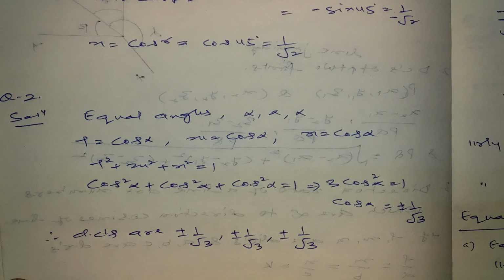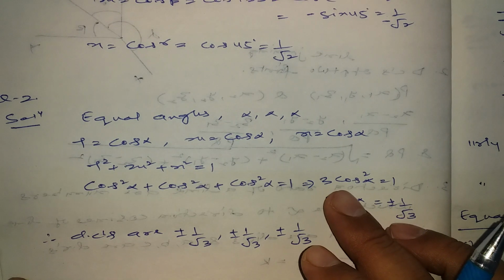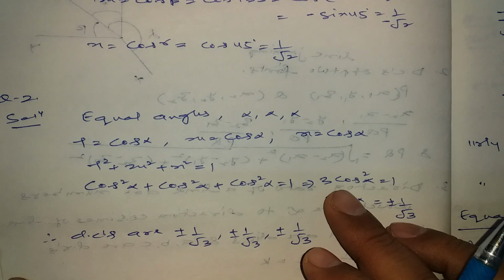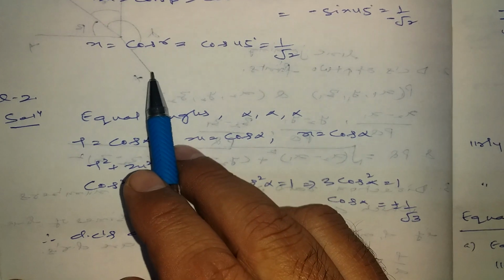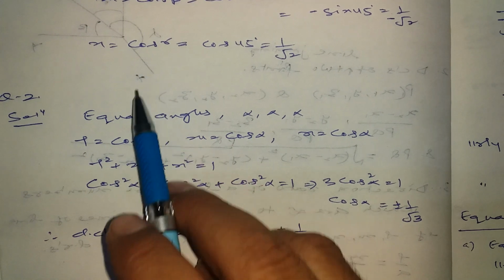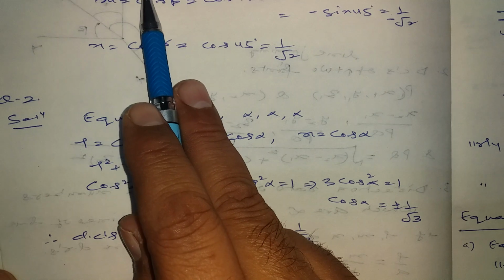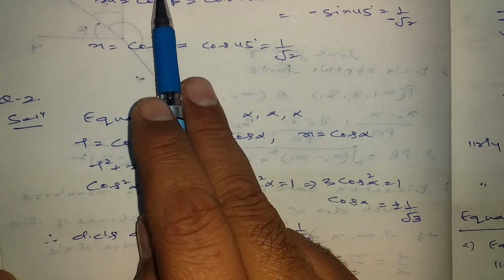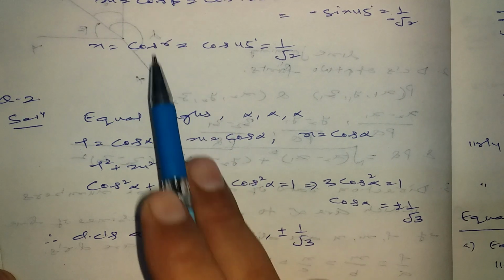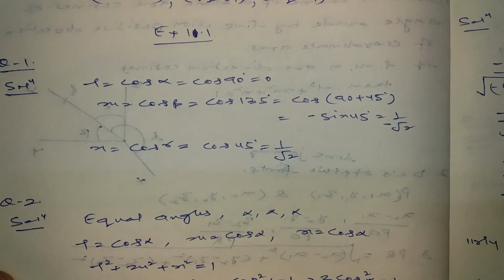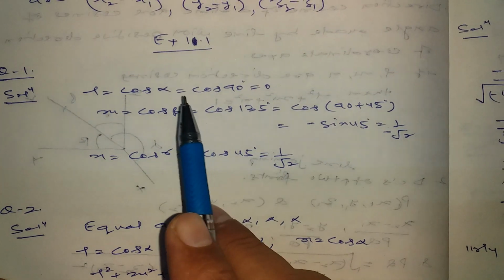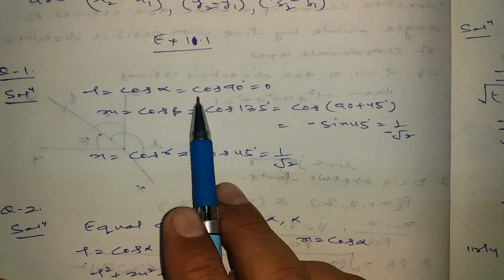The first question is, if a line makes angles 90 degrees, 135 degrees, 45 degrees with the x, y and z axes, find its direction cosines. With the x-axis the angle is 90. So l is cos alpha, the cosine of the angle made by the line with the x-axis, so it is cos 90, which is 0.